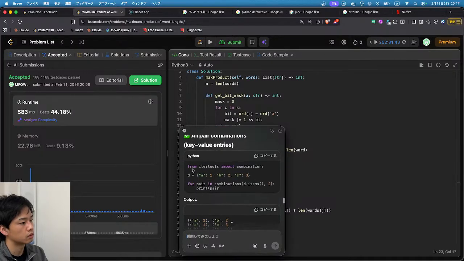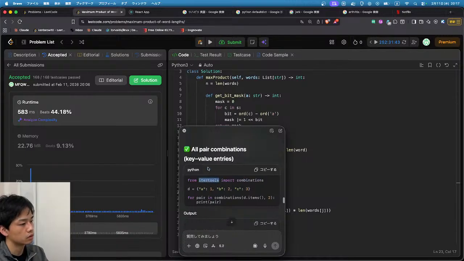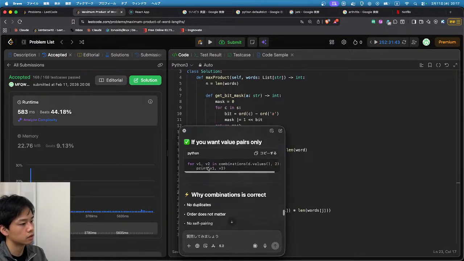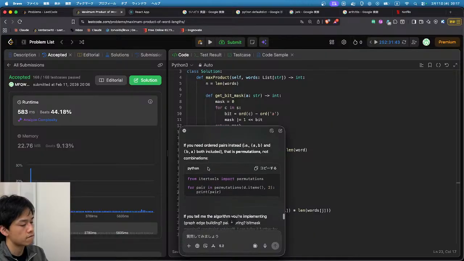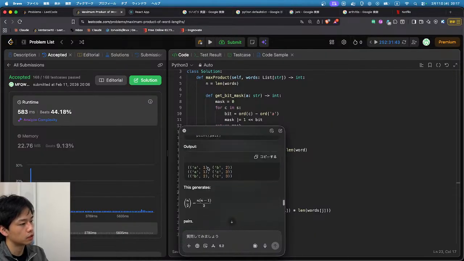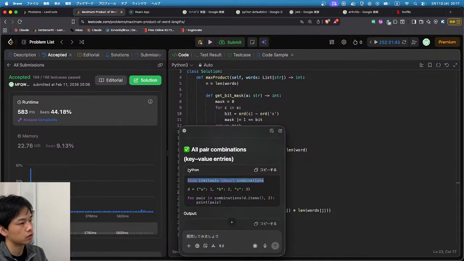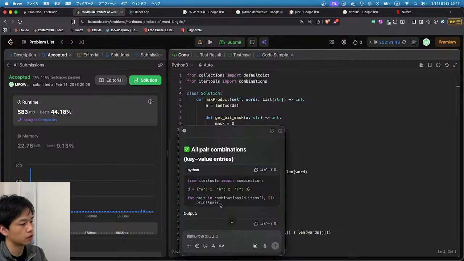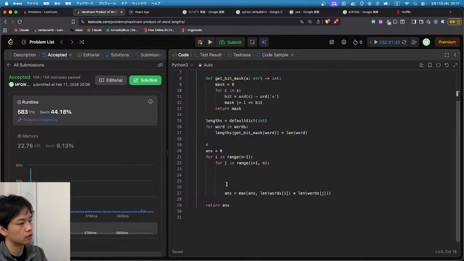Combination can be used. Can I use this? Permutation, combination. I'm not sure, but let me try.